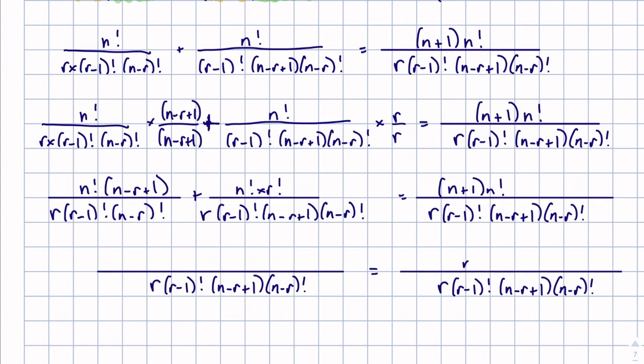On this side, I've got n plus 1 times n factorial. On the left-hand side, I'm going to expand this, n factorial times n, take n factorial times r, plus n factorial times r. Oh, it wouldn't have been times factorial, it would have been just times r.